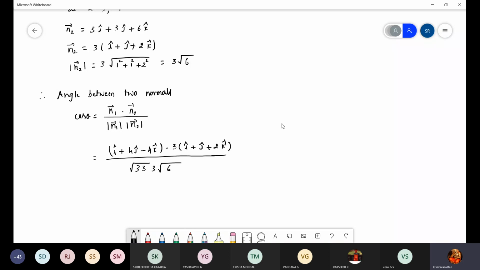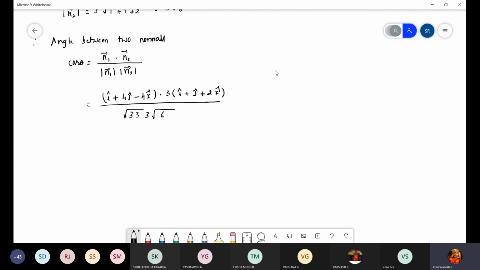Now you can simplify here. 3 and 3 you can cancel. Now apply dot product. What will be the solution of the numerator? Step by step we'll go. i dot i is 1, means 1 into 1, plus 4j dot j, that is 4 into 1 is 4. Just multiply the coefficients of the corresponding vectors, but don't write i j k because it is a dot product.